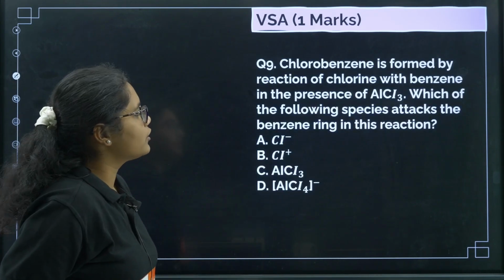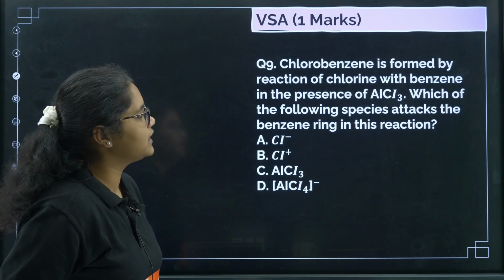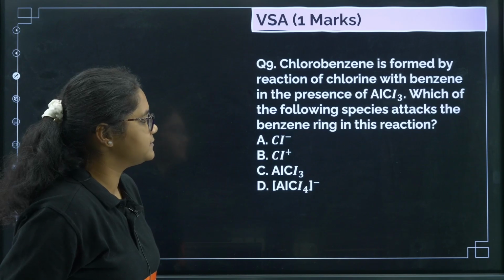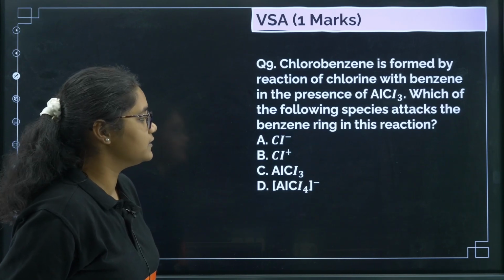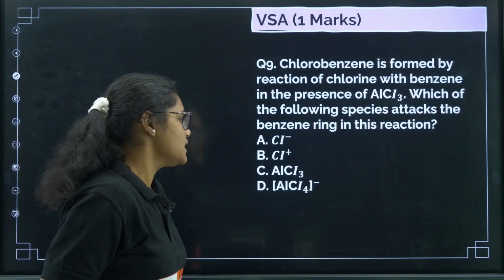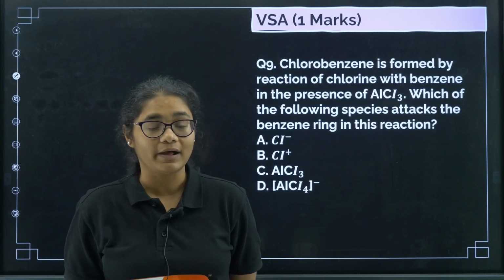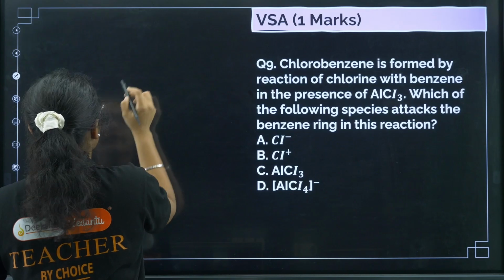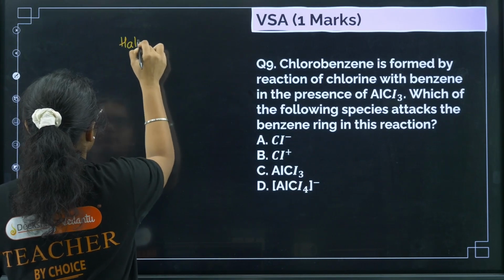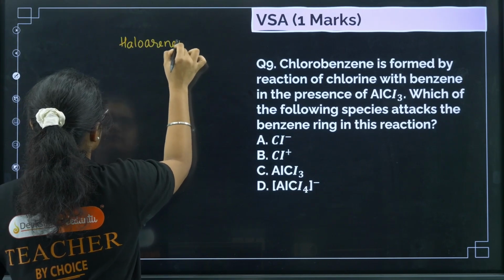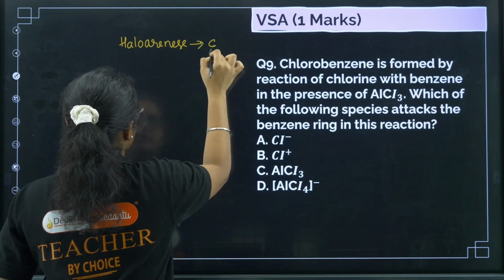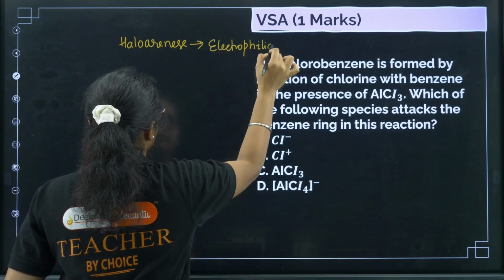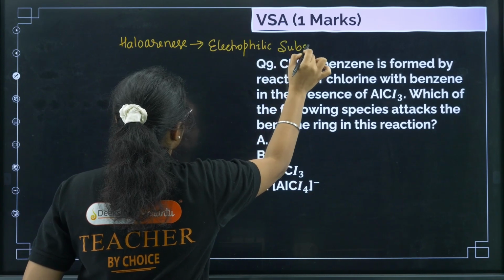Next, chlorobenzene is formed by the reaction of chlorine with benzene in the presence of AlCl3. Which of the following species attacks the benzene ring in this reaction? So students, first of all, you should know, as we just discussed, that haloarenes will show electrophilic substitution reaction.